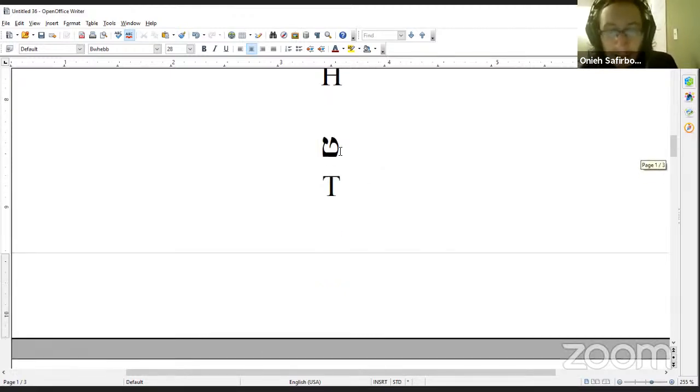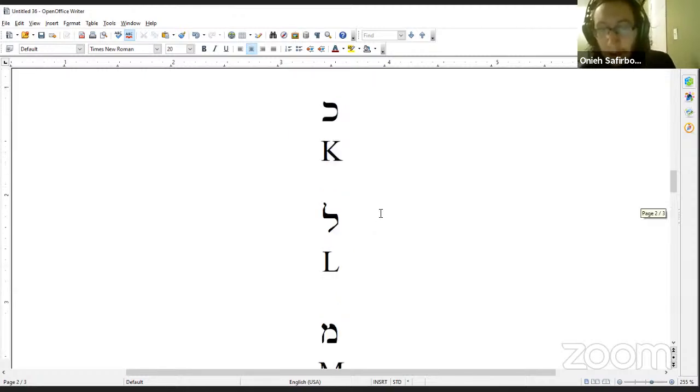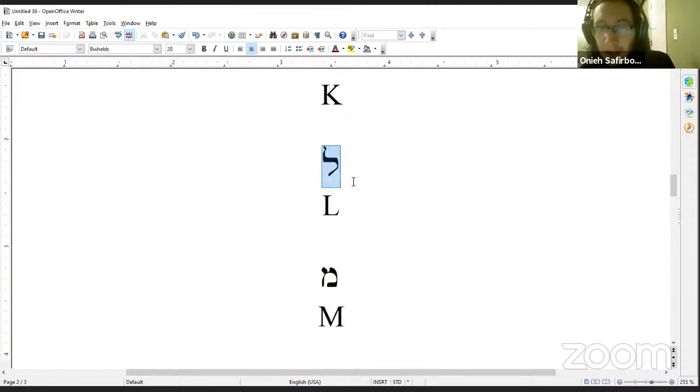Tet, it has that T sound, as in top and tasty and time, the T sound. Kaf is the letter that corresponds to the English letter K, and it has the sound of cake and kiss and kill. K. And Lamed corresponds to English L, and it has the L sound.